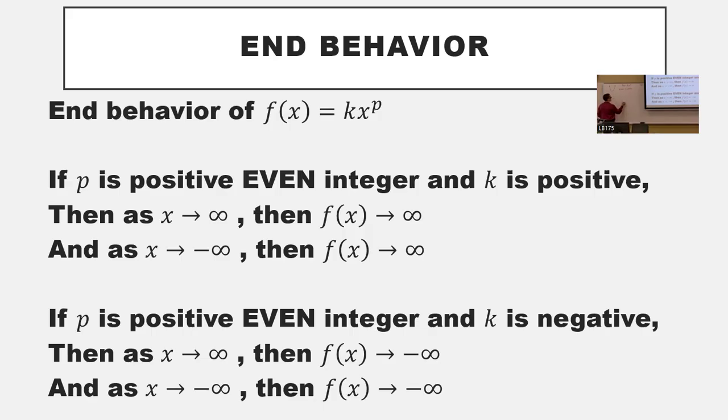And then both sides are shooting down towards negative infinity. Does that make sense? Why? That's one of our transformations. It just flips the graph, right? Changing from coefficient of positive to negative just flips the graph. So instead of both shooting up towards infinity, now both are shooting down towards negative infinity.